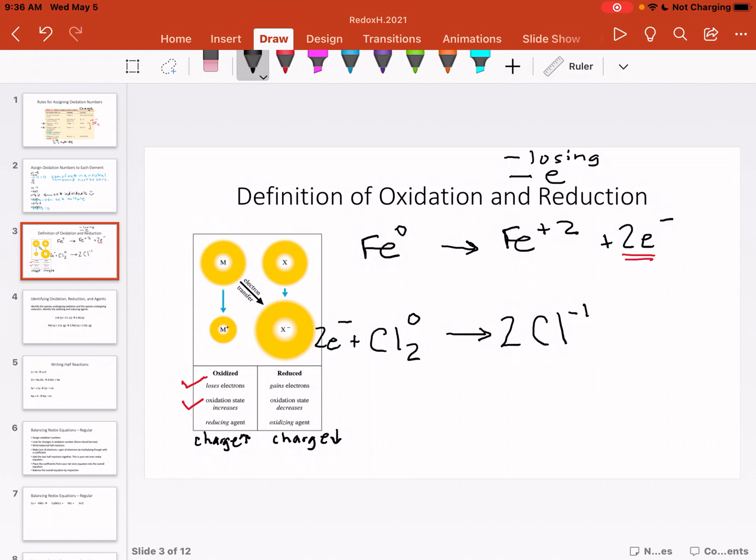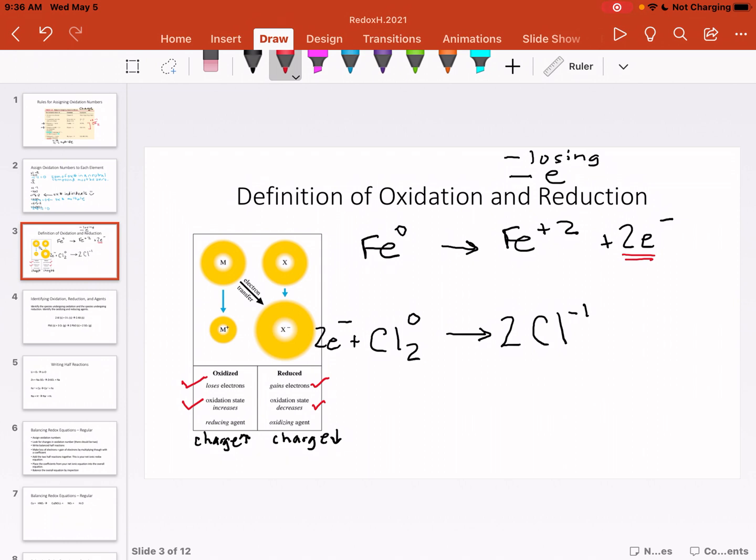So when it comes to reduction, the charge is going to go down if you take on extra negative charge. So reduction causes a gain of electrons. And what you will see is that our oxidation number or oxidation state or charge decreases. We went from 0 down to -1.